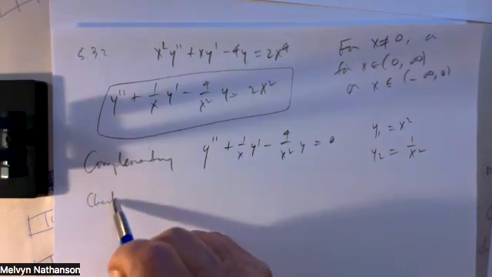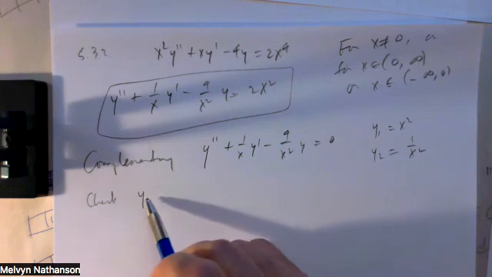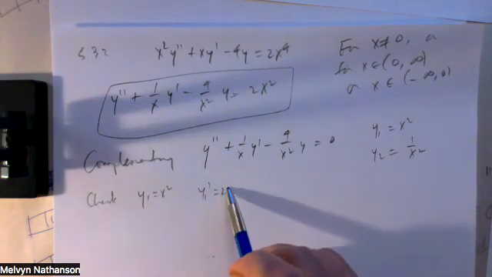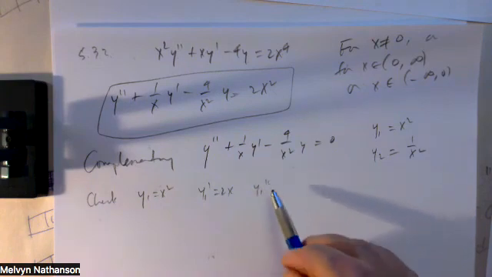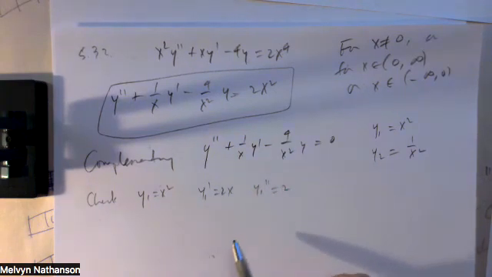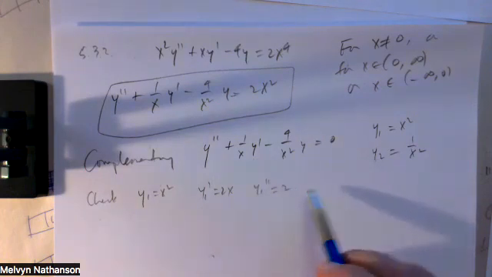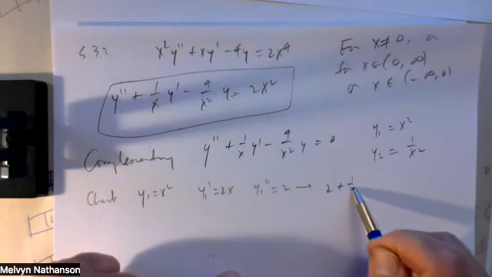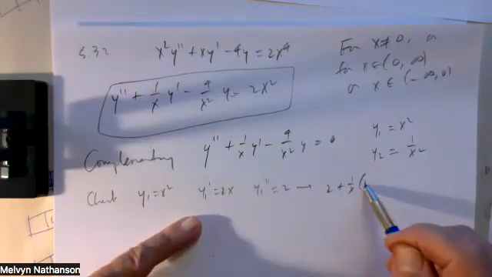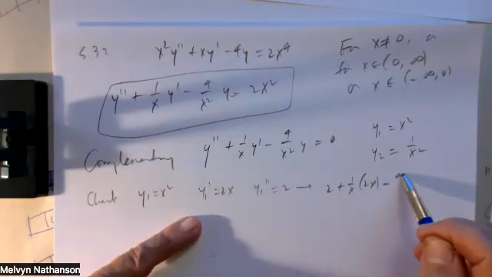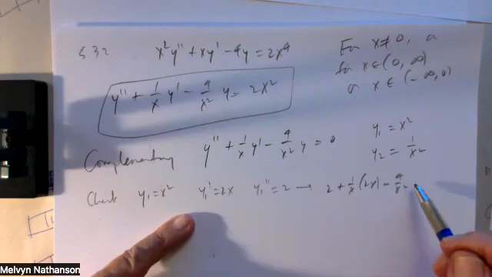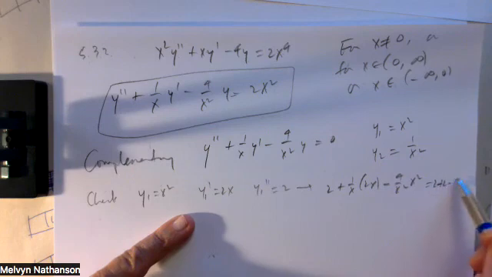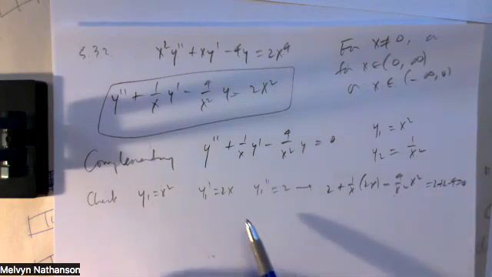If y1 is x squared, y1 prime is 2x, y1 double prime is 2. If I plug into this equation, what do I get? I get 2 plus 1 over x times y prime, which is 2x, minus 4 over x squared times x squared. This is 2 plus 2 minus 4, which is 0.